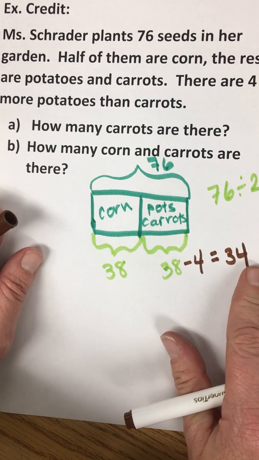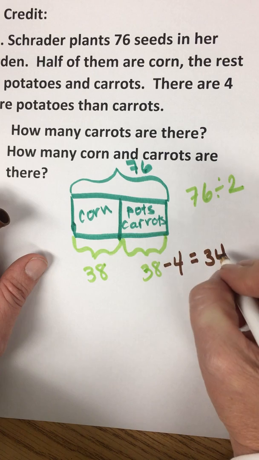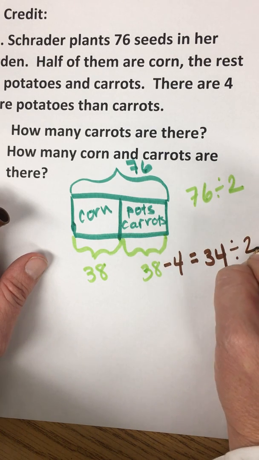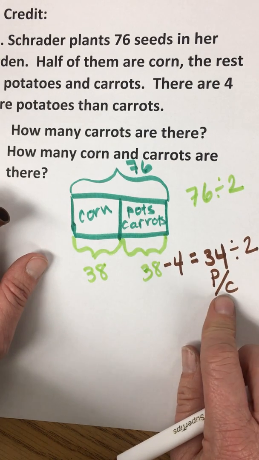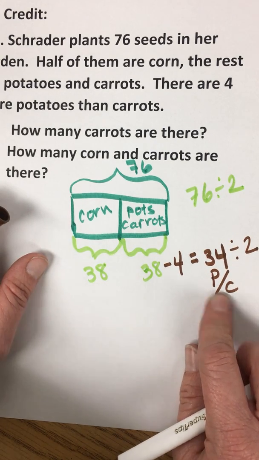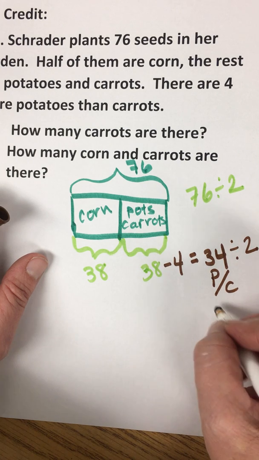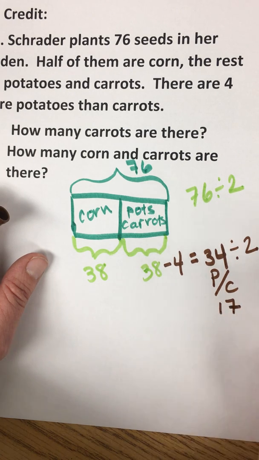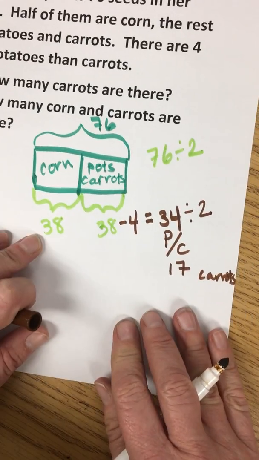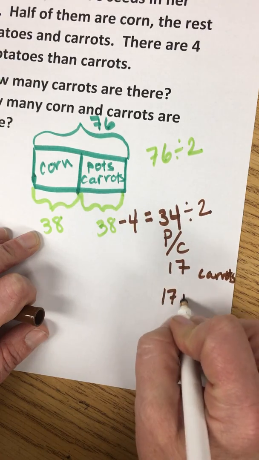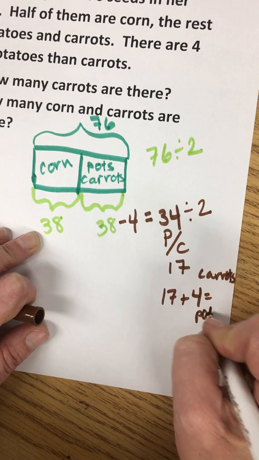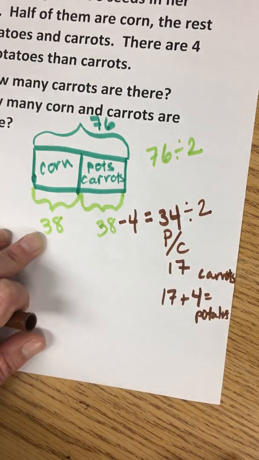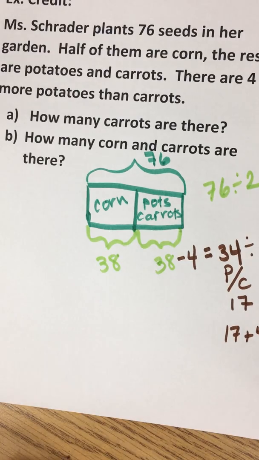Okay, not done yet. But 34 then divided by 2 would split the potatoes and the carrots up. And then, so 34 divided by 2 gives me 17 carrots. And 17 plus those 4 should equal the potatoes. Okay, check your math, see if that's correct.